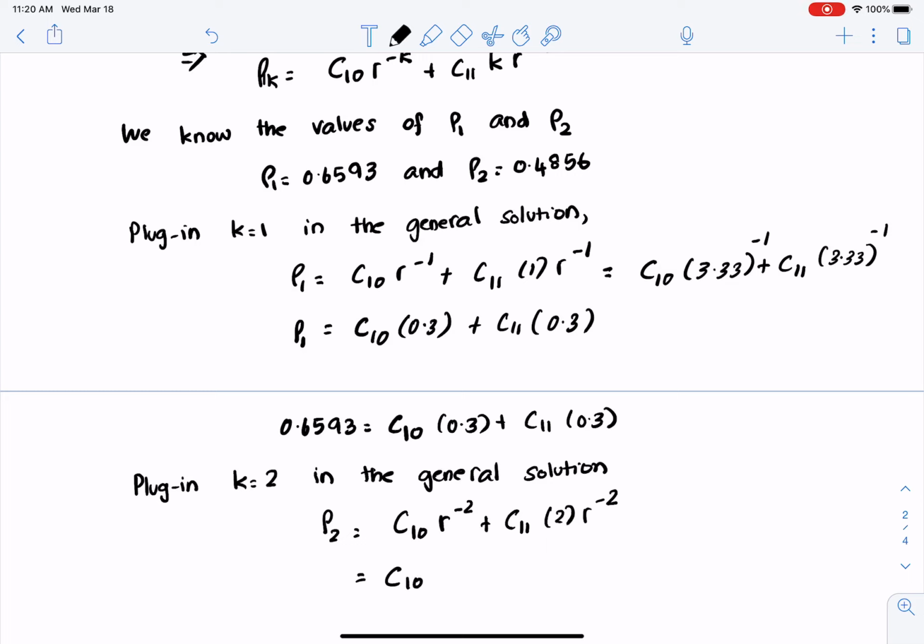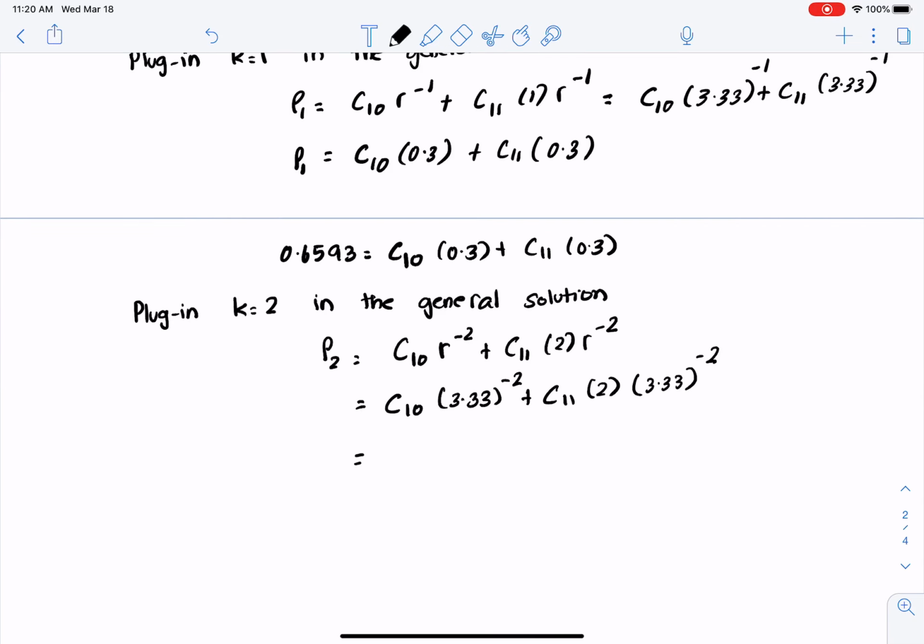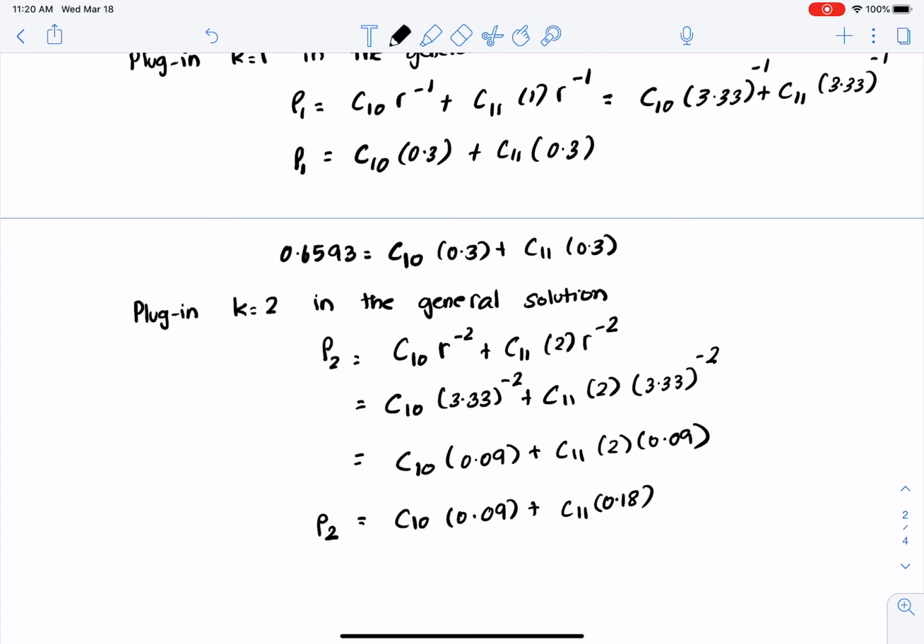So the value of r is 3.33 raised negative 2 plus C11 times 2 times 3.33 raised negative 2, which is C10 multiplied by 0.09 and C11 times 2 multiplied by 0.09. So C10 times 0.09 plus C11 0.18 would be equal to row 2.